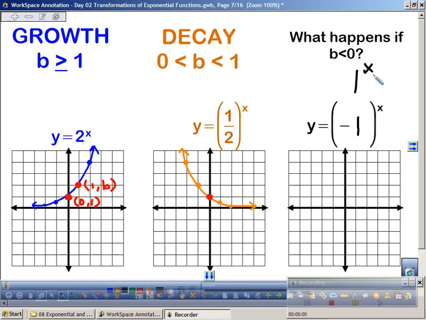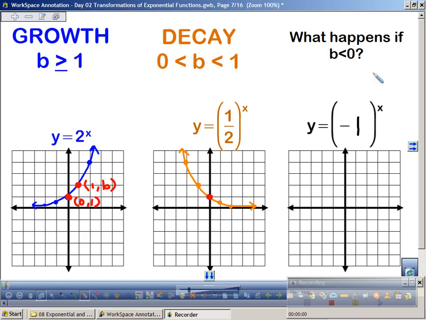What if it was 1 to the x? It's not greater than 1. What's 1 to the 0? What's 1 to the 2? What's 1 to the 5? Can we use 1? No, 1 doesn't work, right? 1 just gives us this constant line. So I can't use -1 either. It's not going to work.